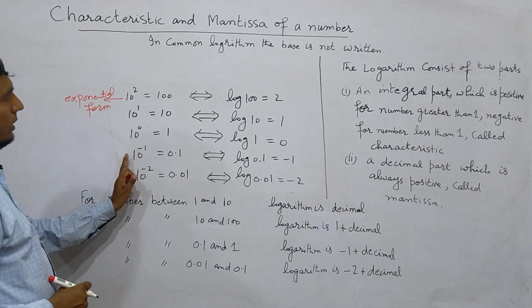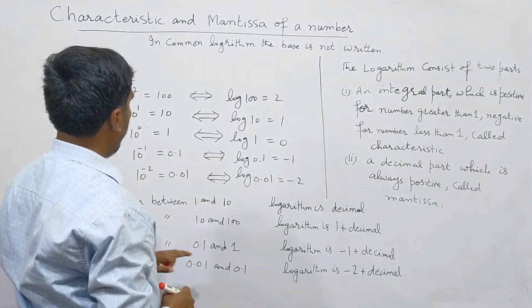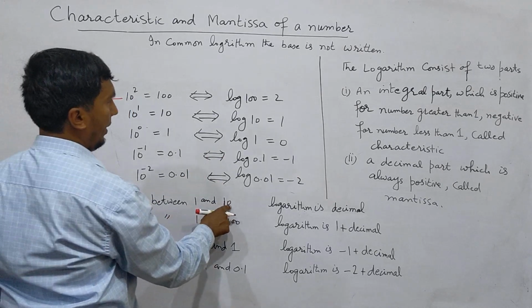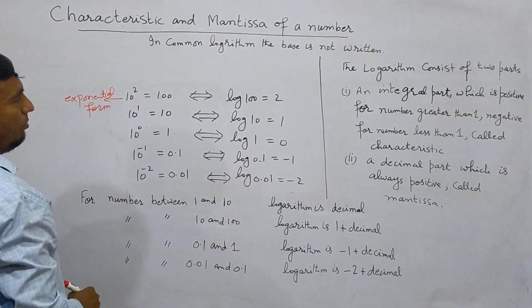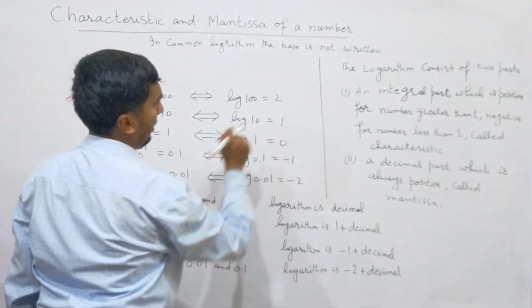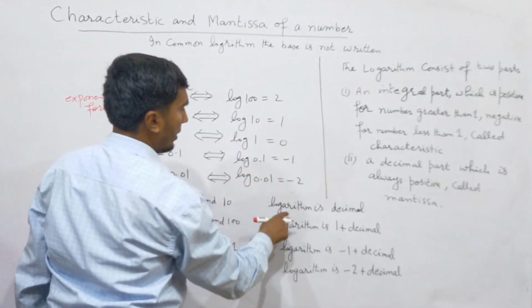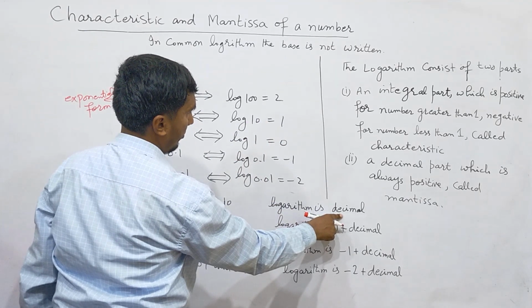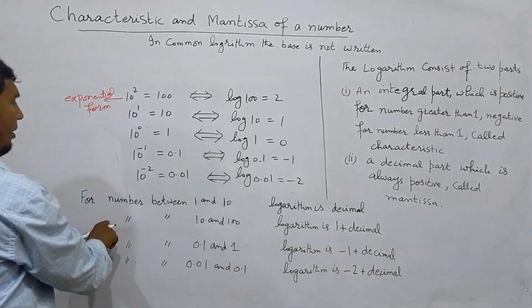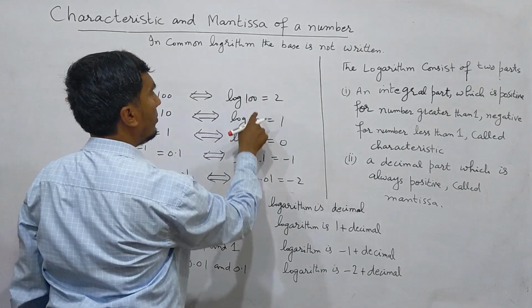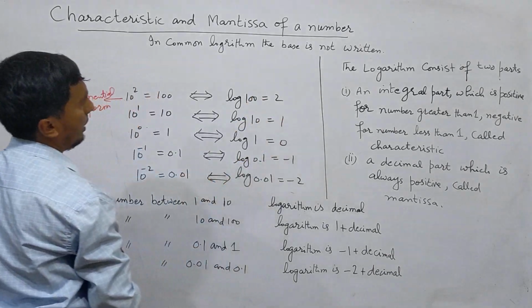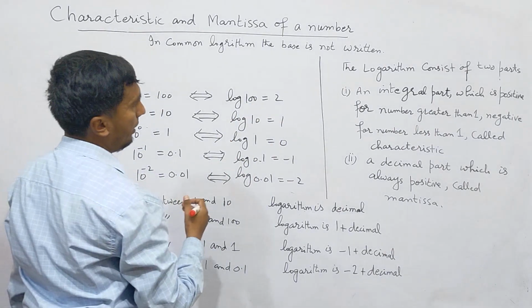This shows that if the number is between 1 and 10, then the logarithm of that number will be between 0 and 1, and it is a decimal. If the number is between 10 and 100, then its log will be greater than 1 but less than 2.